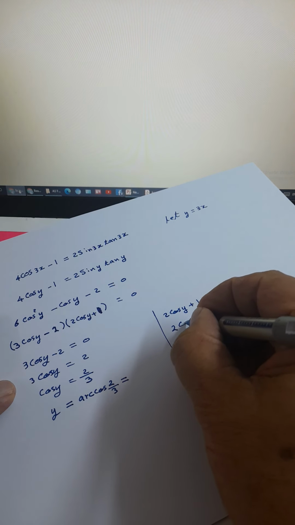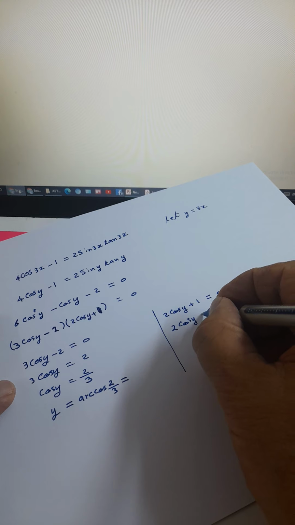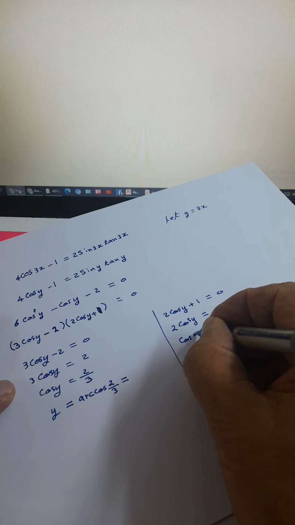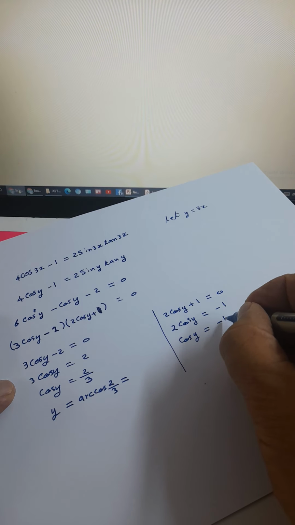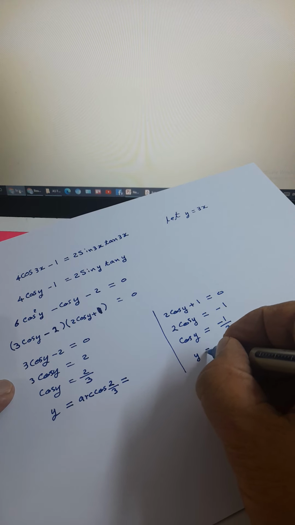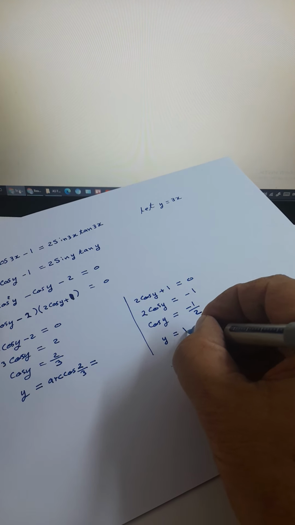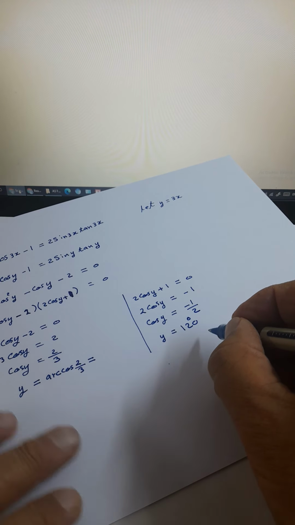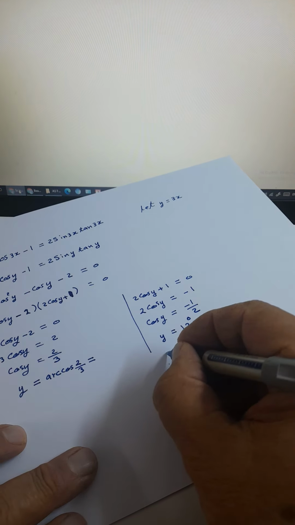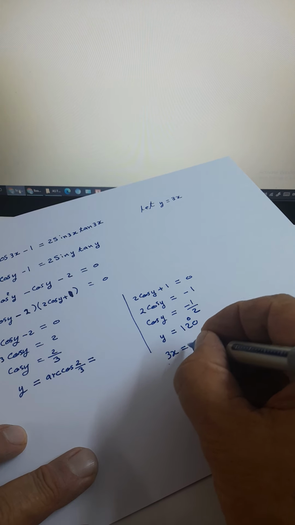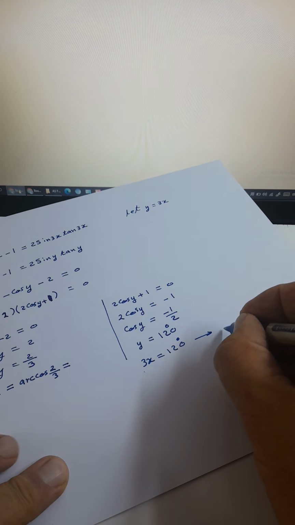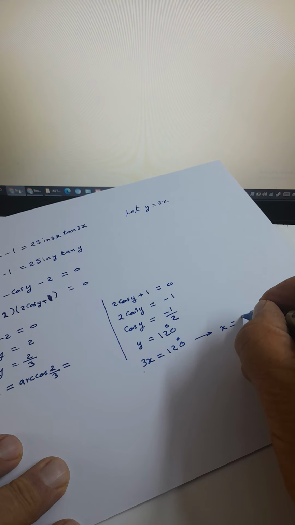So 2 cosine y equals negative 1. Cosine y equals minus half. So y is 120 degrees. So 3x equals 120 degrees. So x equals 40.